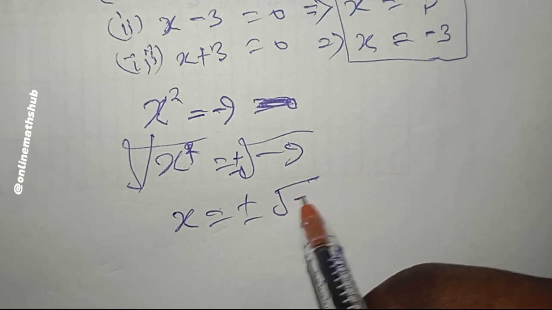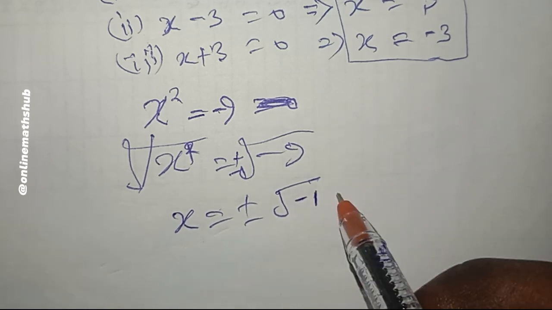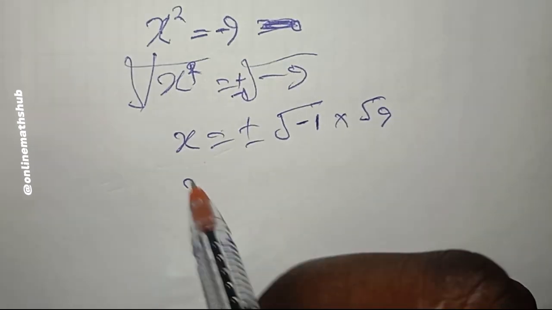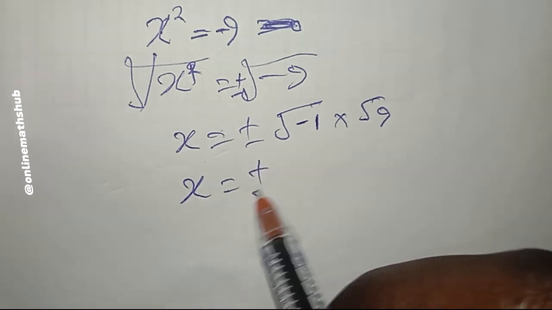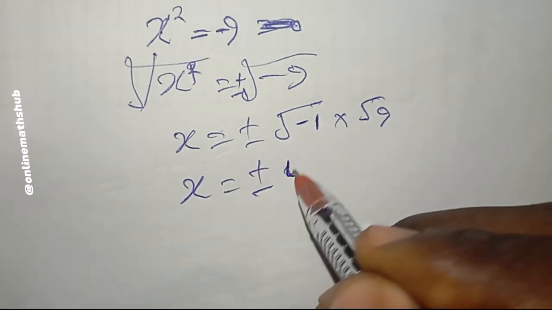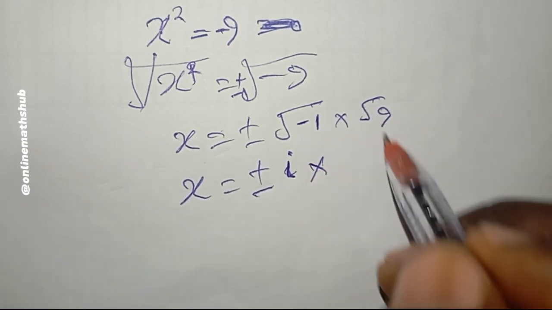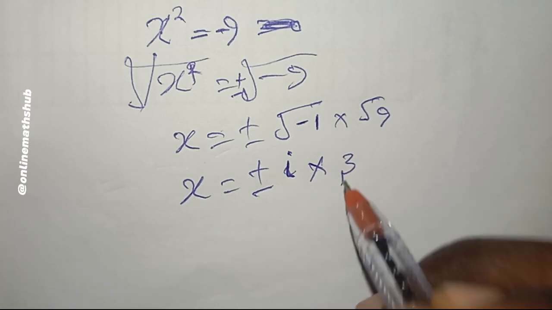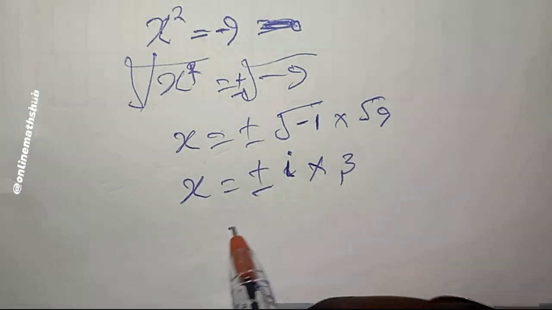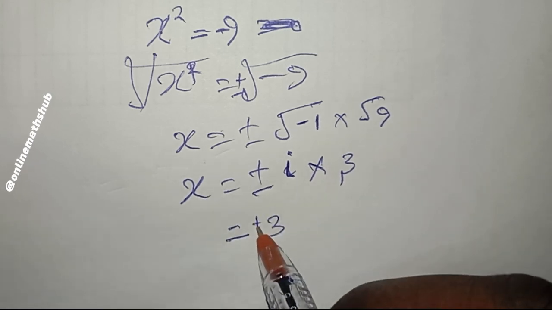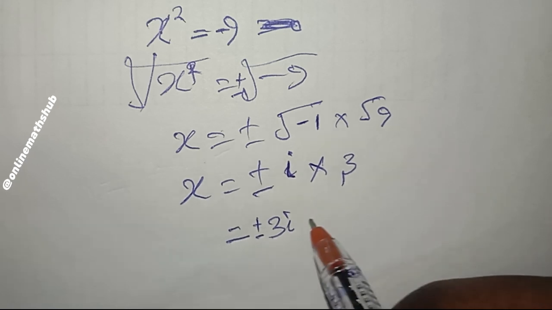I'm going to split this as negative 1 multiplied by root 9. So x is now equal to plus or minus root negative 1, which is i, multiplied by root 9, which is 3. So eventually what we have as the value of x is plus or minus 3i.